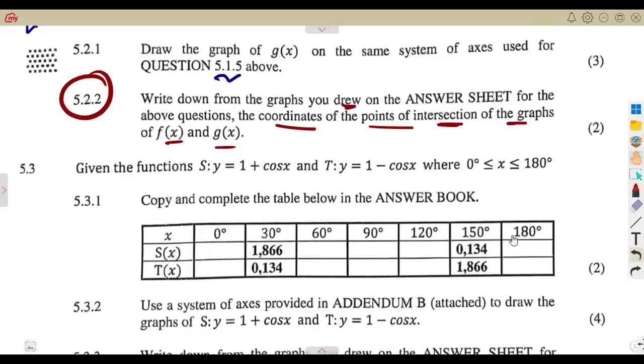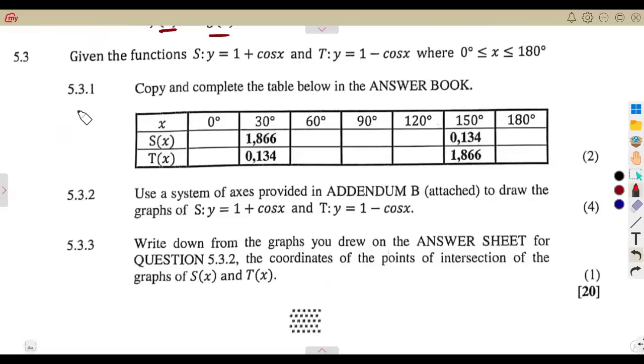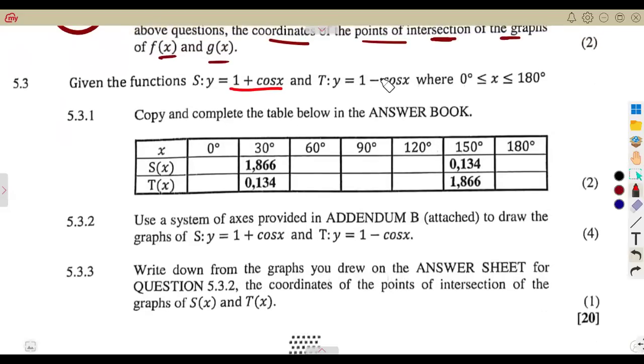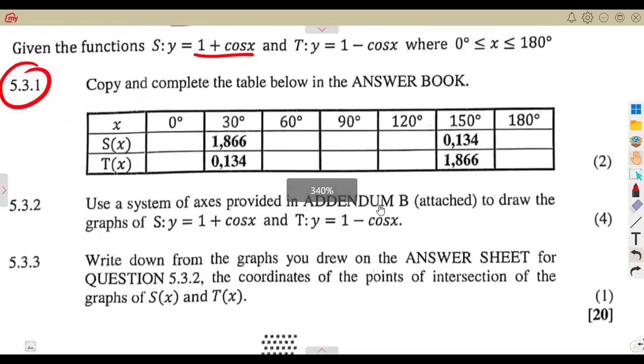All right. Then let us consider 5.3. On 5.3, we are given the functions of s, which is y is equal to 1 plus cos of x, and that of t, which is 1 minus cos of x from 0 to 180. Copy and complete the table. So it was just a matter of copying and completing this table. In this case, I'm just going to substitute straight.